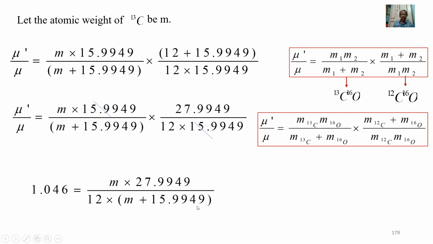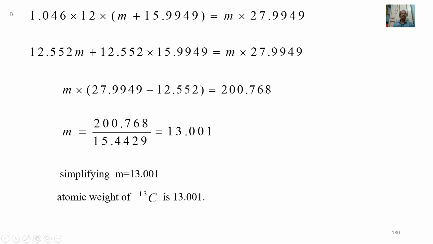Cross multiplying, we will have this expression: 1.046 multiplied by 12 multiplied by m will give you this. So 12.552 multiplied by 15.9949 is here, which is equal to m times 27.9949.